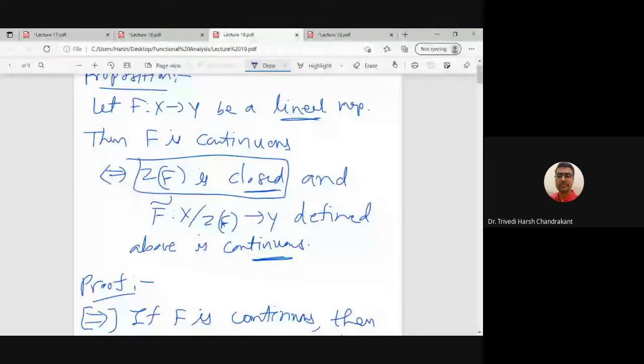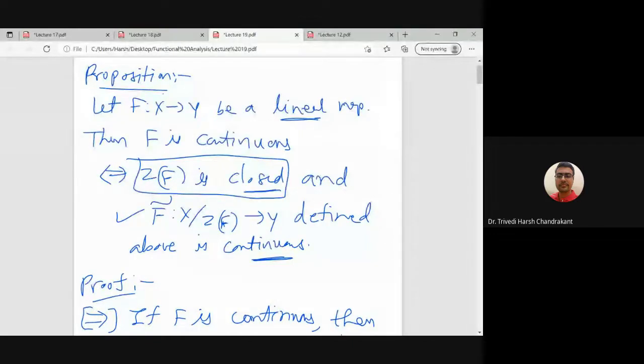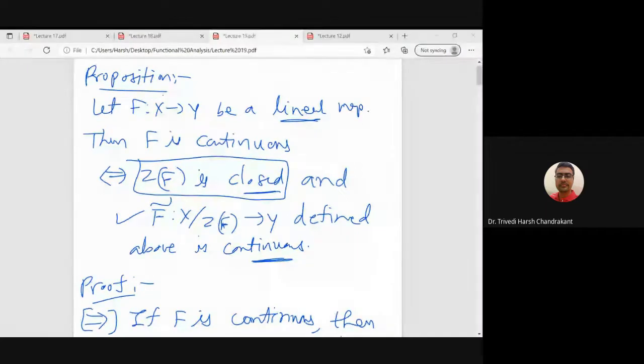So to prove f tilde is continuous, what do we need to prove? Can anyone say that in terms of convergence of sequences? We know the criterion of continuity in terms of convergence of sequences.